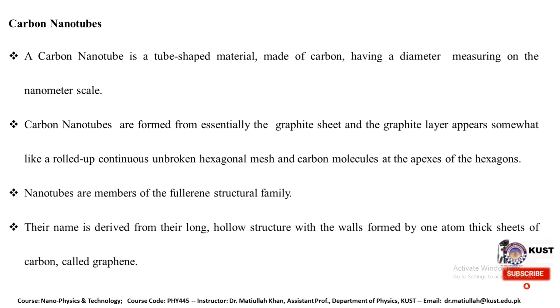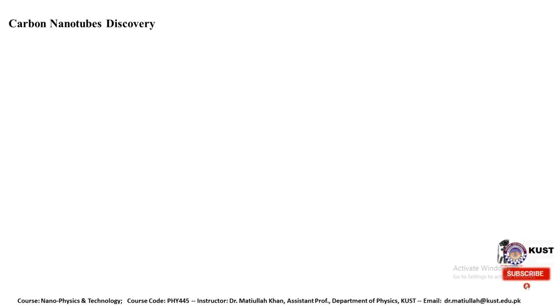So the nanotubes are members of the fullerene structure family. Their name is derived from their long hollow structure with the walls formed by a one-atom-thick sheet of carbon that is called graphene.